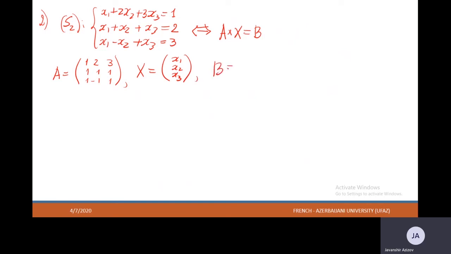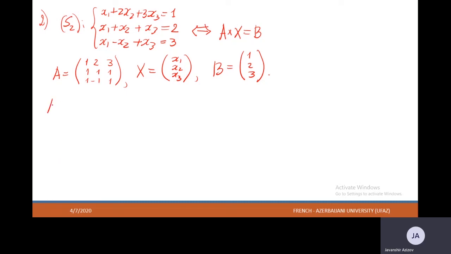B is the matrix of 1, 2, 3. To determine the matrix of X, we need to find the determinant of A and the adjoint matrix of A. I believe you know how to calculate the determinant and adjoint matrix. Because of this, I will write results directly.